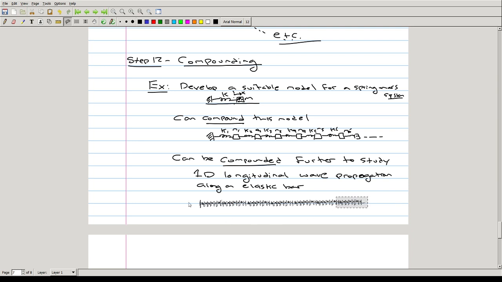And so in the limit, as this system goes smaller and smaller, this is identical to what's called one-dimensional wave propagation along a longitudinal elastic bar.